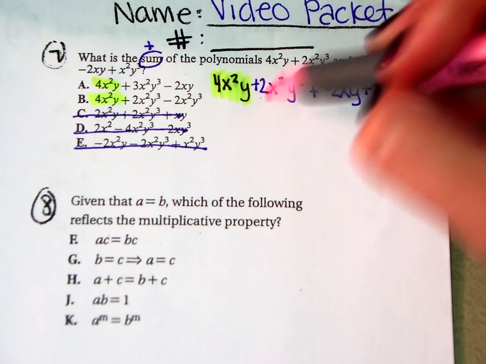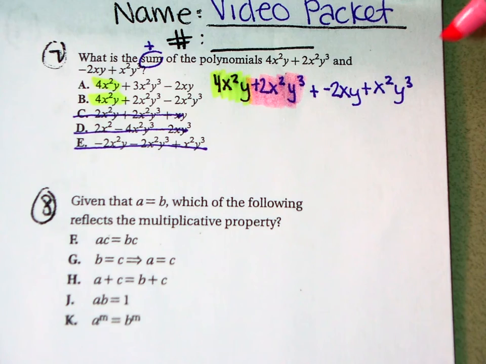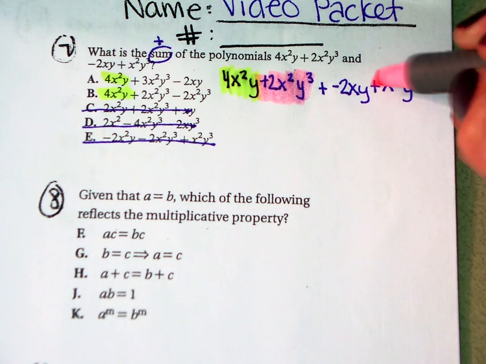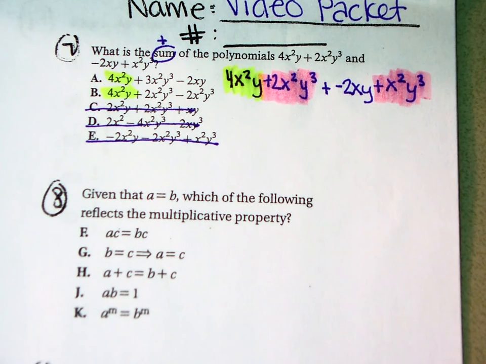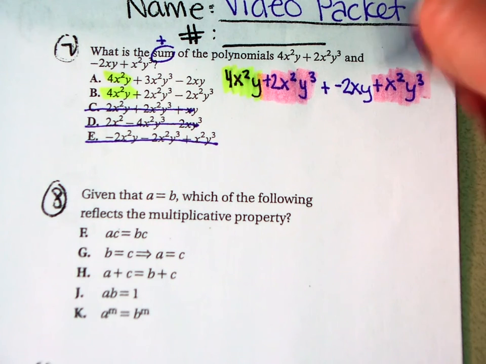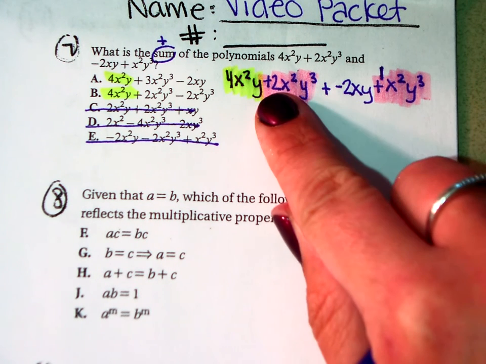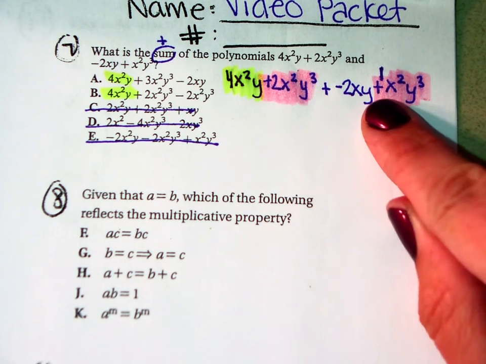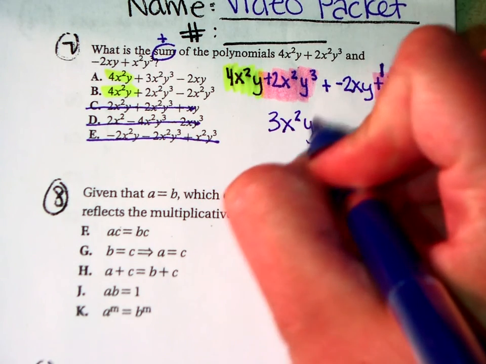All right, then I have x squared and y cubed. So I have a positive 2x squared y cubed. I see over here that I have another positive x squared y cubed. And if there's no number in front of the x squared y cubed, I know by math terms the coefficient is 1. So now I'm just going to add 2x squared y cubed plus 1x squared y cubed is a total of 3x squared y cubed.